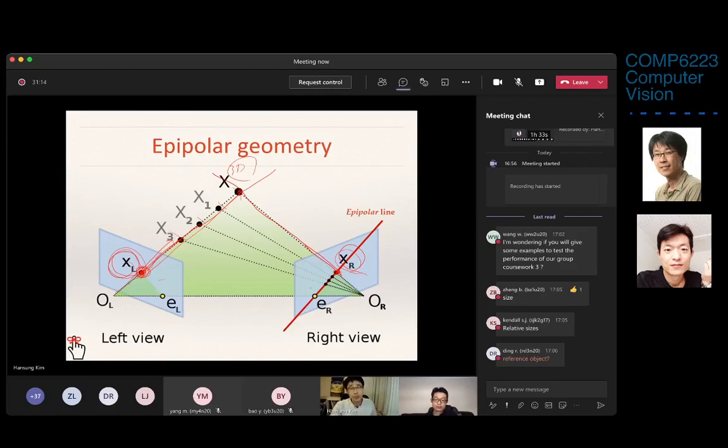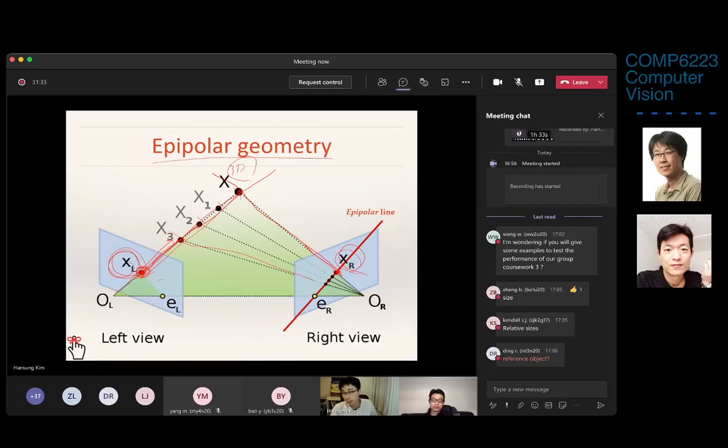Actually, no, because owing to epipolar geometry, you can reduce the search range. This point should be somewhere on this line. Then this point will be projected here, and this point will be projected here in the second camera.